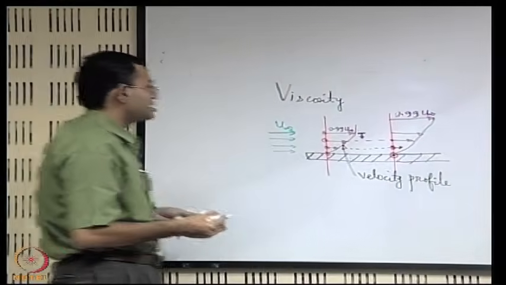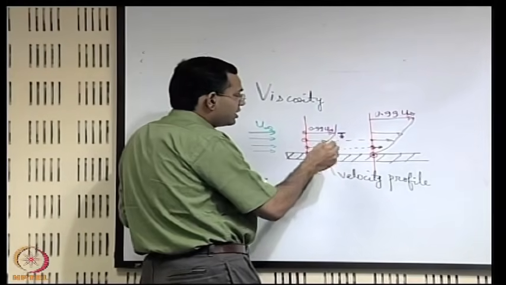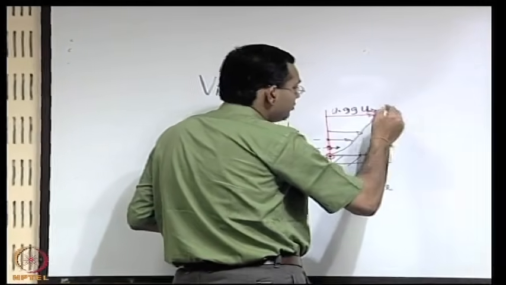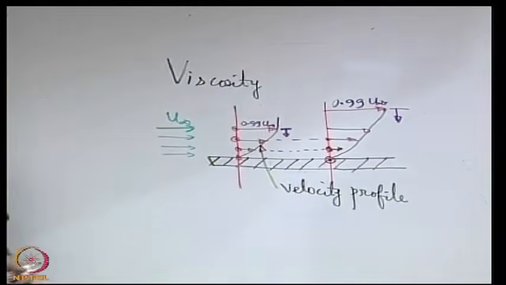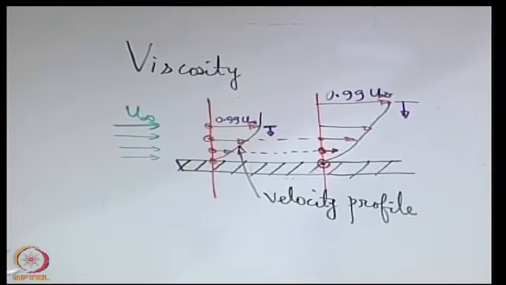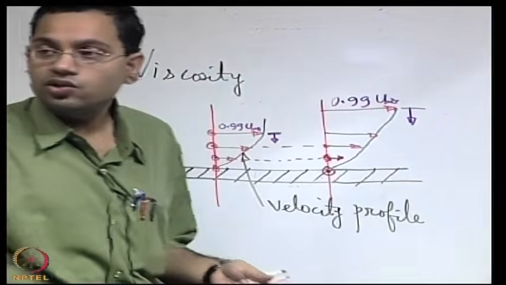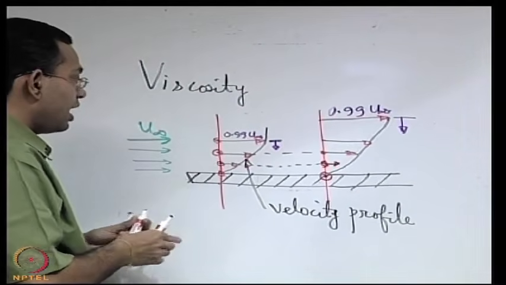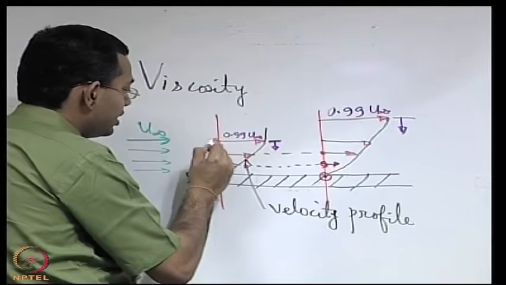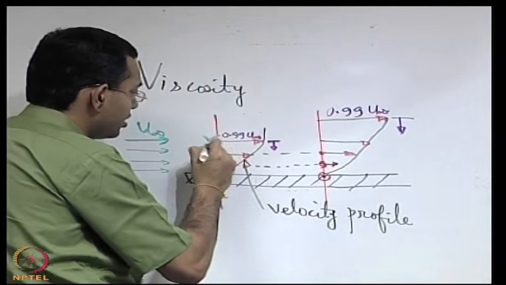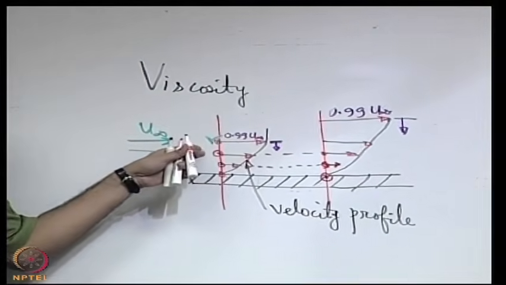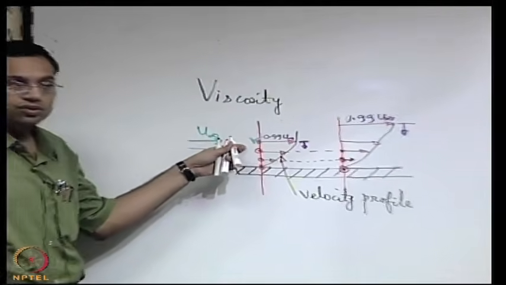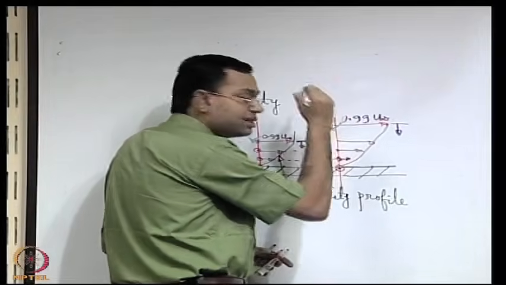What type of sketch? See, at every section we have a demarcation between a position below which viscous effects are strongly important and beyond which these effects are not so important. So, accordingly we may draw a demarcating line between these two. When you consider this particular section, this is the location up to which viscous effects are strongly creating gradients in the velocity, and so on.